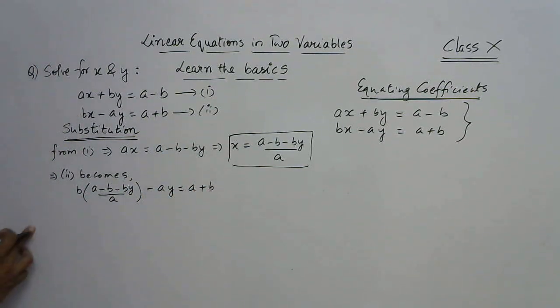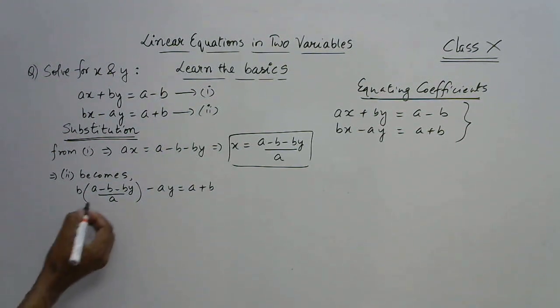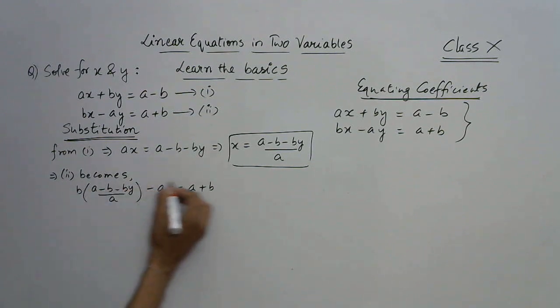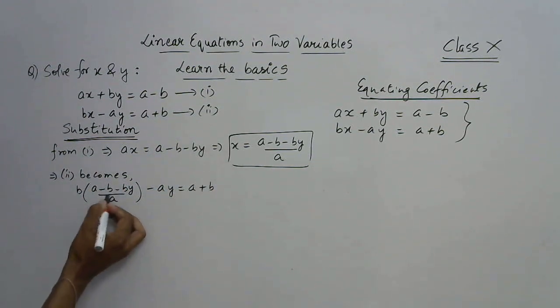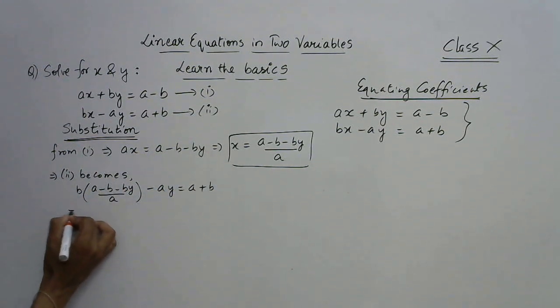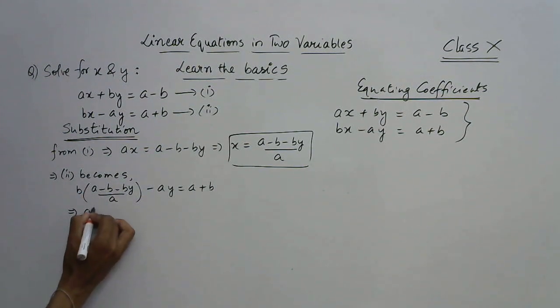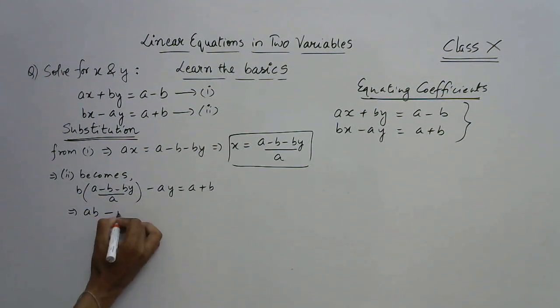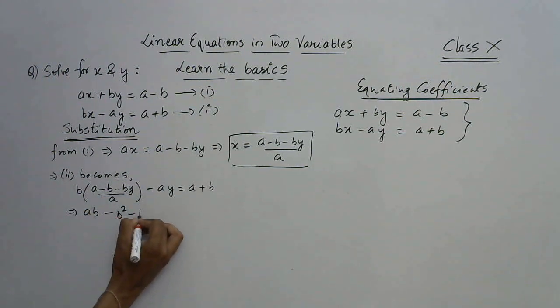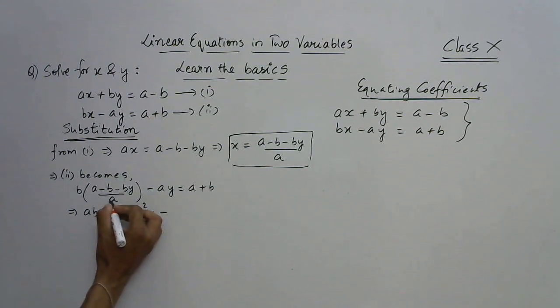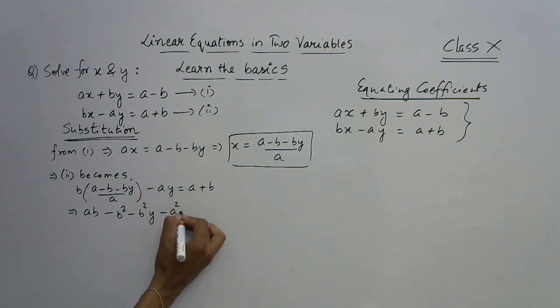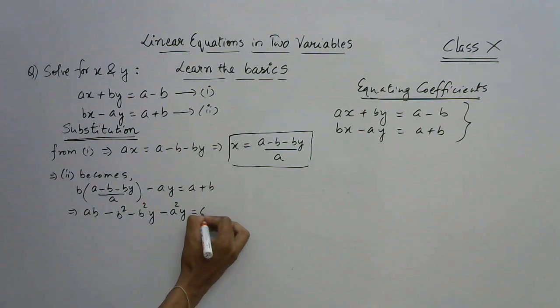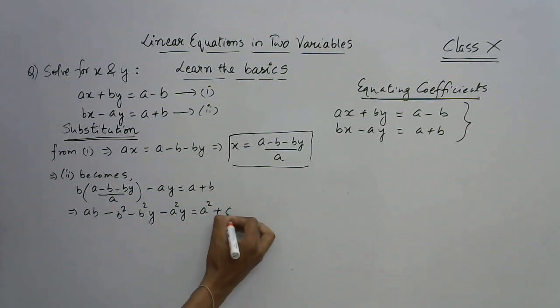As you can see now, there is no x here, so I have eliminated x. Here we have a in the denominator, so I will multiply throughout by a so that I can get rid of it. So this becomes b into a is ab, b into b is b square, minus b square y, and if you multiply this by a, this becomes a square y, this becomes a square, and this becomes ab.